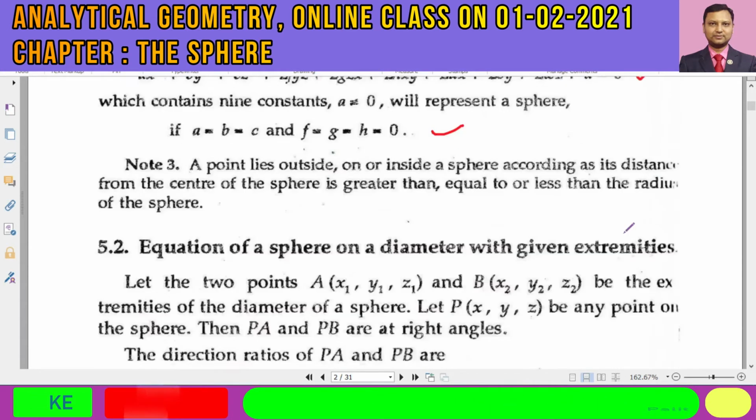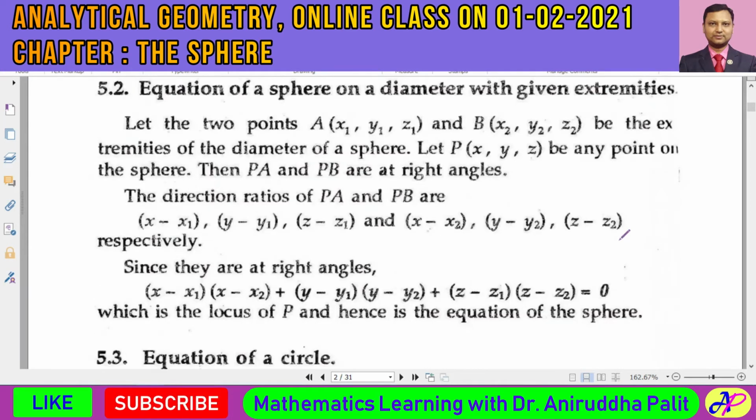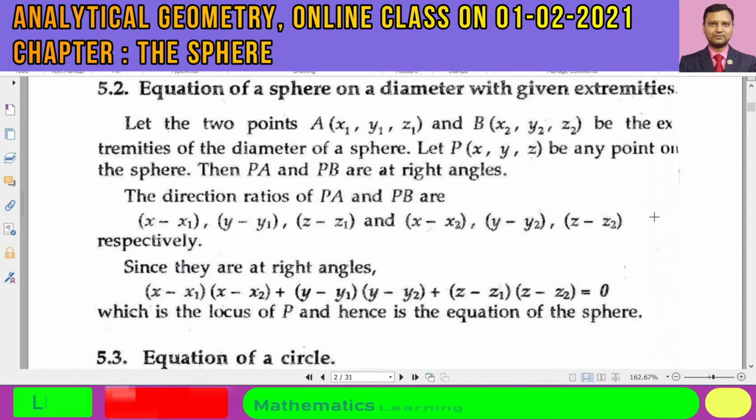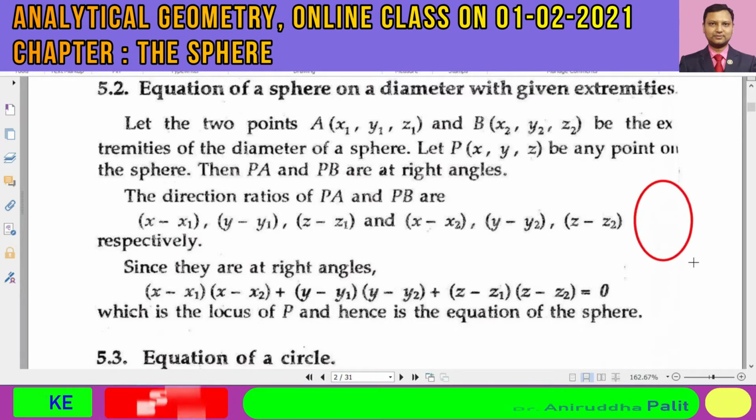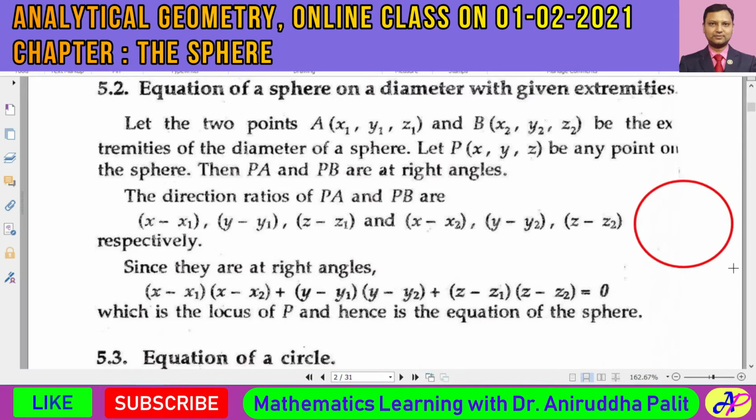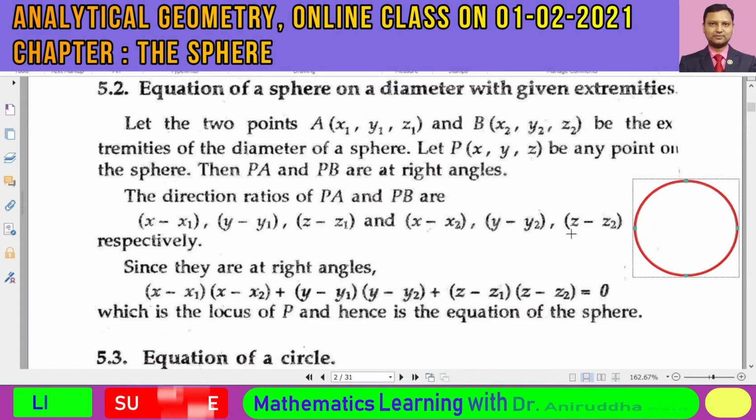Okay. Now we are going to discuss different forms of the sphere. Suppose we consider an analogous result for two-dimensional geometry. In two-dimensional geometry, we had a circle, and we can now consider this circle as a sphere in three-dimensional geometry.